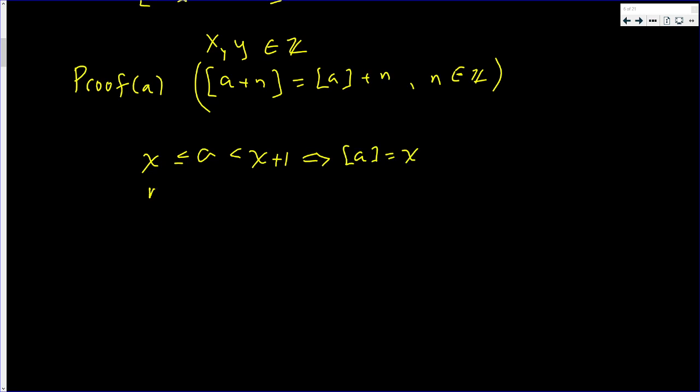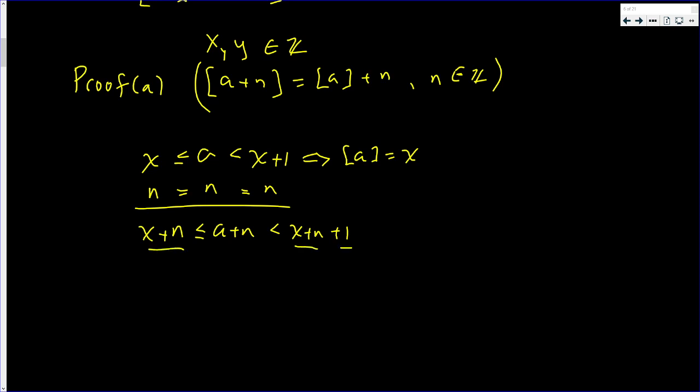Okay? Now, how about I add n to both sides? So I get x plus n is less than or equal to a plus n, which is less than x plus n plus 1. Well, these are 2 consecutive integers. x is an integer, n is an integer.